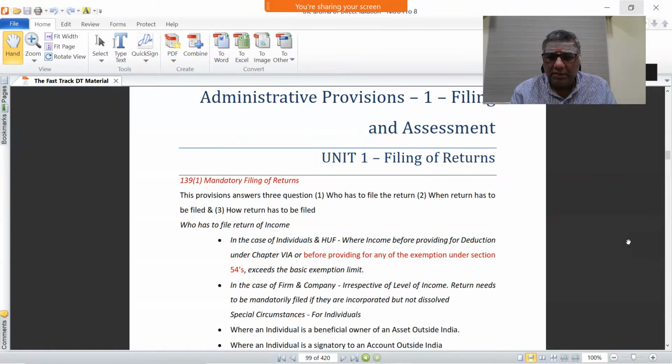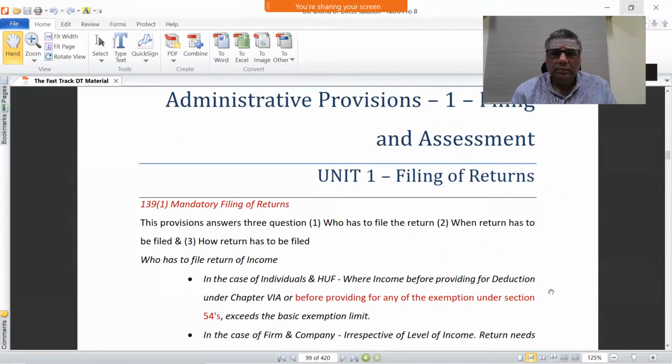I start with filing of returns and move forward today till section 153B or so.